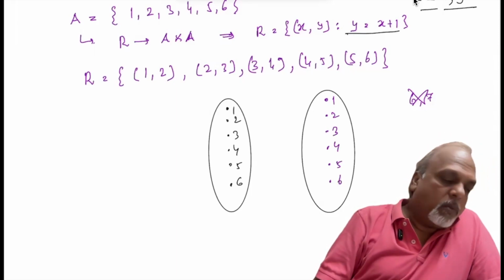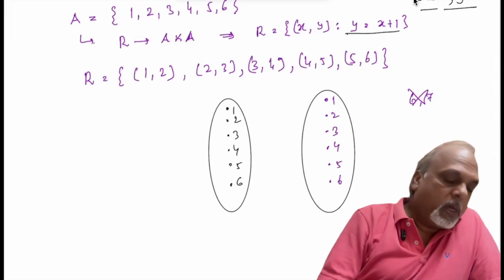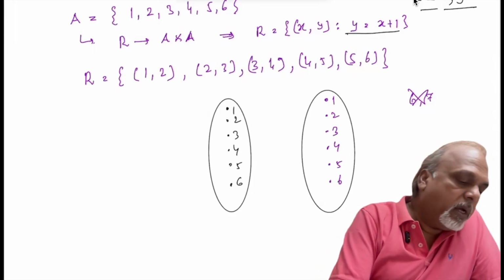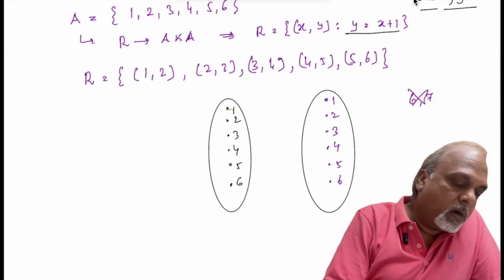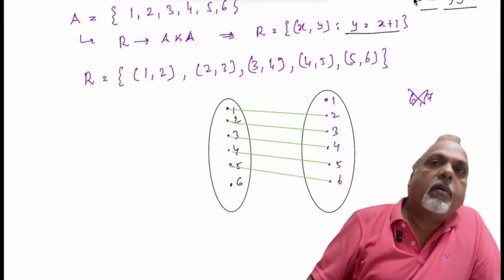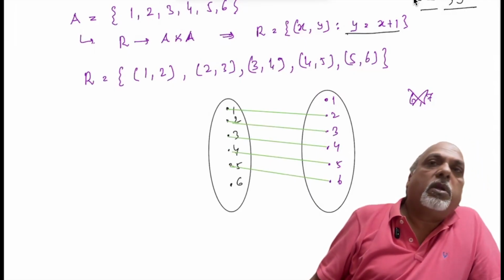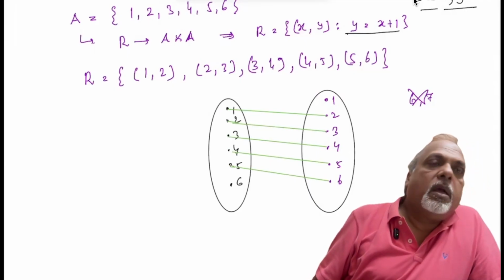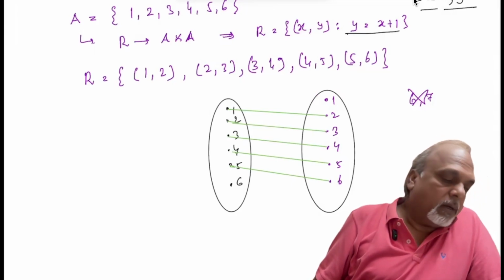But what about the relation? If we define this relation, then 2 is the image of 1, 3 is the image of 2, correct? So this is how pictorially you can represent your relation.